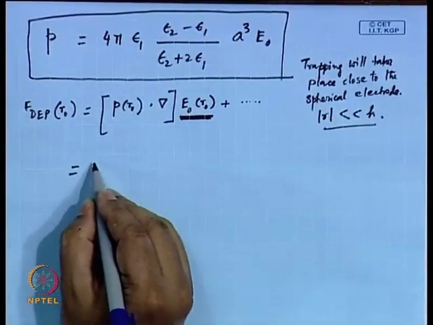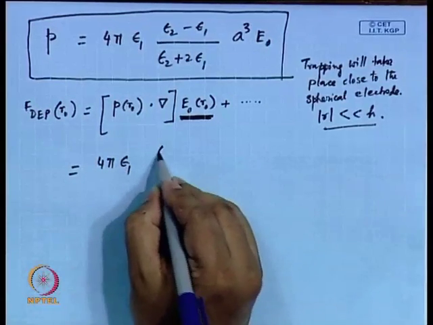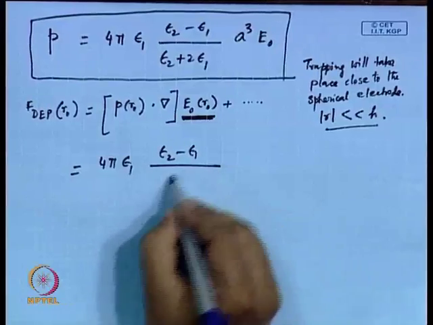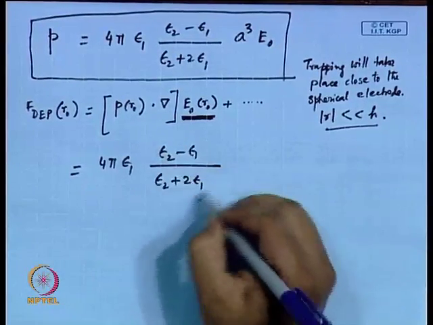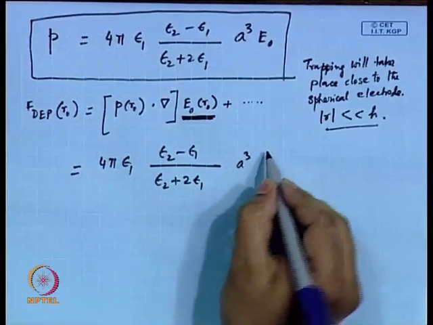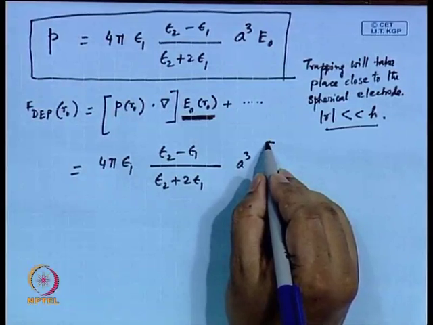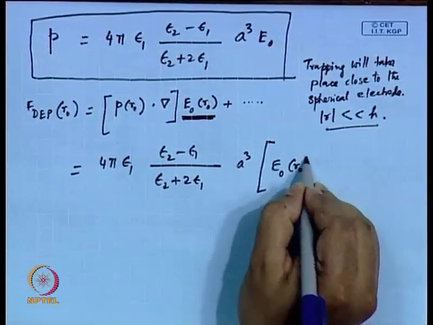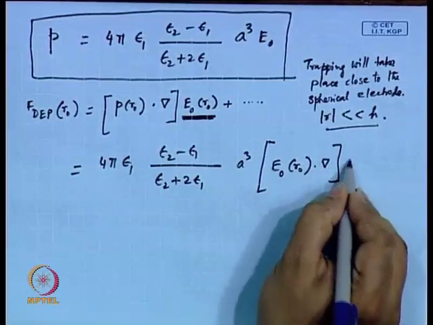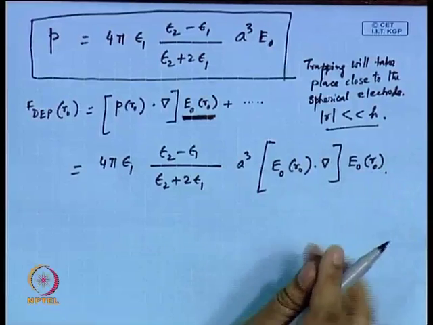What you get in that case is 4 pi epsilon 1 times (epsilon 2 minus epsilon 1) divided by (epsilon 2 plus 2 epsilon 1). There is a name given to this factor, A cube, and then you have E0 of R0 dot delta E0 of R0.